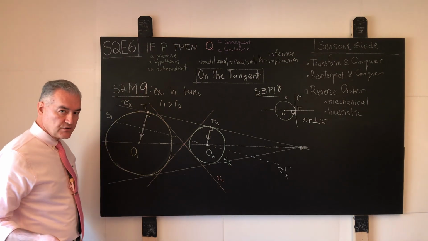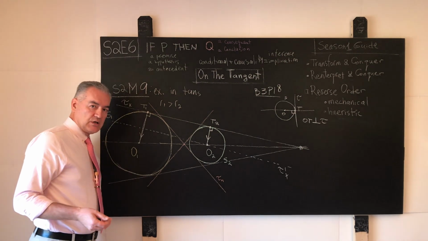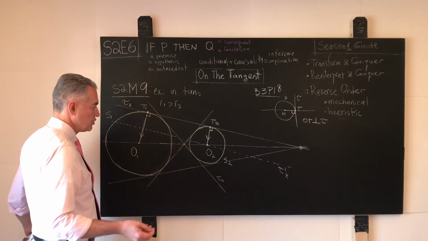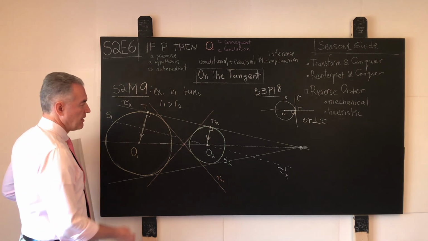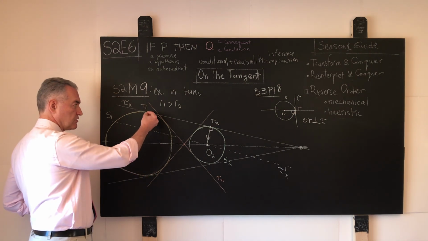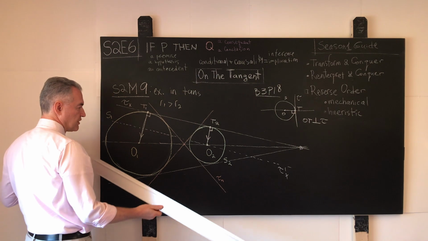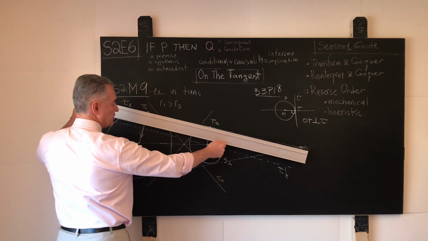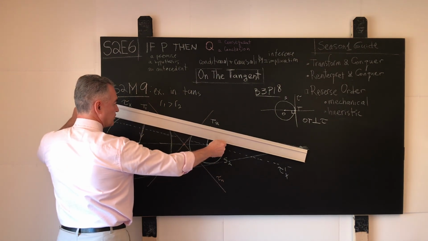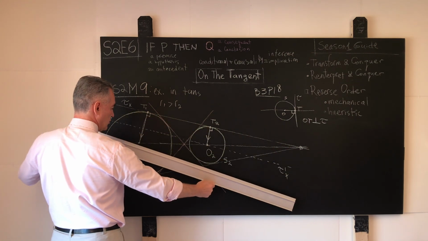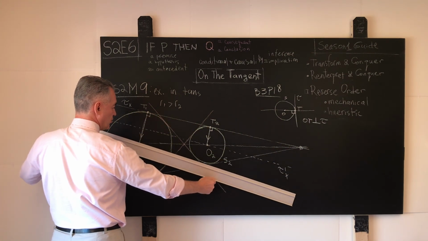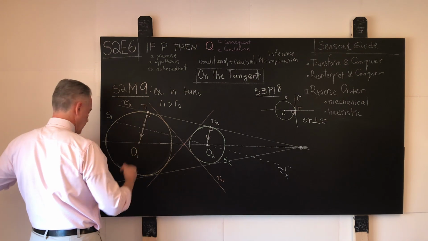Again, on your own, you are encouraged to carry out the parallel translation of the plane along the vector T1O2 and try to figure out what happens if we translate our given external tangent into a straight line that passes through the point O1.